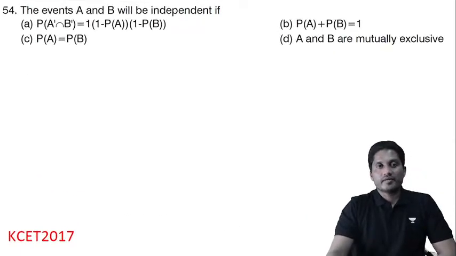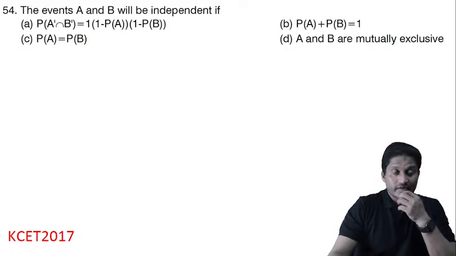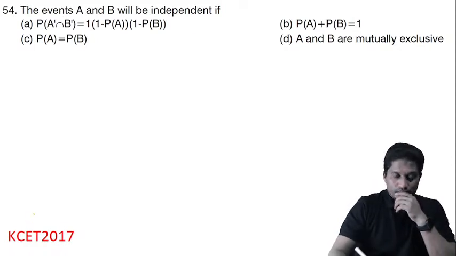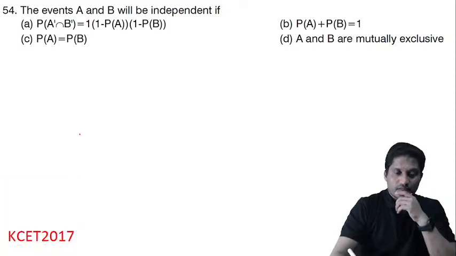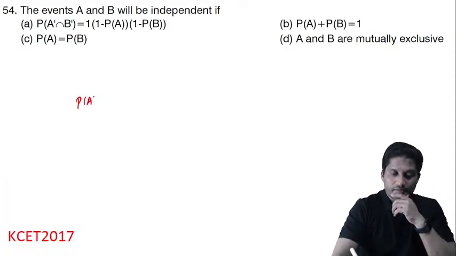The events A and B will be independent if P of A dash intersection B dash is equal to P of A dash into P of B dash.